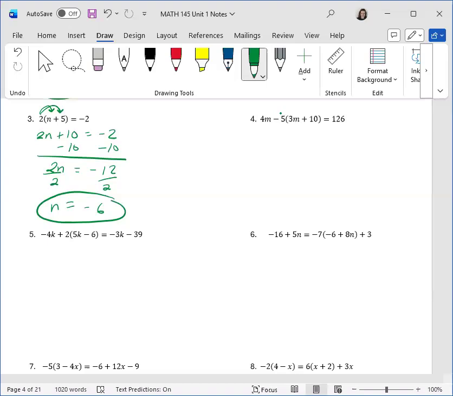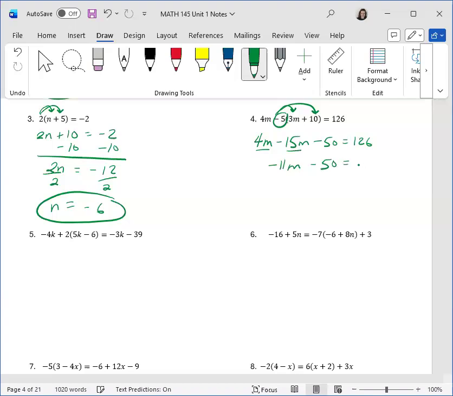Likewise, I'm going to distribute, but this time it's a negative 5 that we're distributing. So that sign is always in front of the number and it stays with the number. So I'm going to get 4m. When I distribute the negative 5 to the 3m, that's negative 15m. And the negative 5 to the positive 10 is negative 50. I'm going to combine these like terms next. They're not on opposite sides, so we're just doing exactly what it says there. 4m minus 15m is negative 11m.